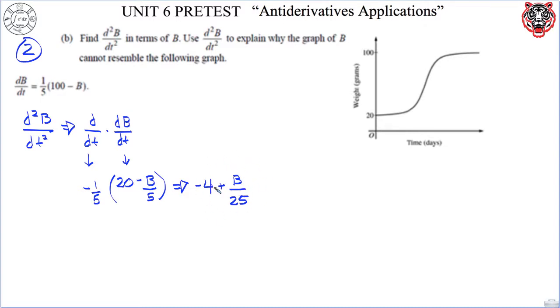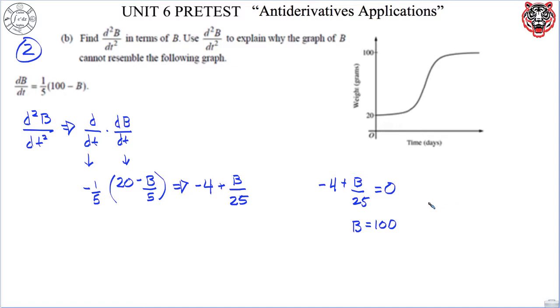Why does it not match the graph? Let's use the second derivative test. Set this equal to 0 to see where possible inflection points would be. Negative 4 plus B over 25 equals 0. Add 4 to both sides and multiply by 25, and you'll see that B is equal to 100.